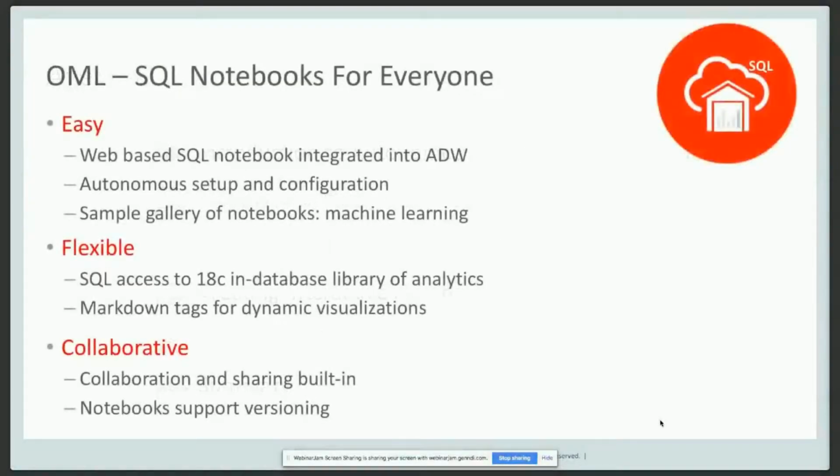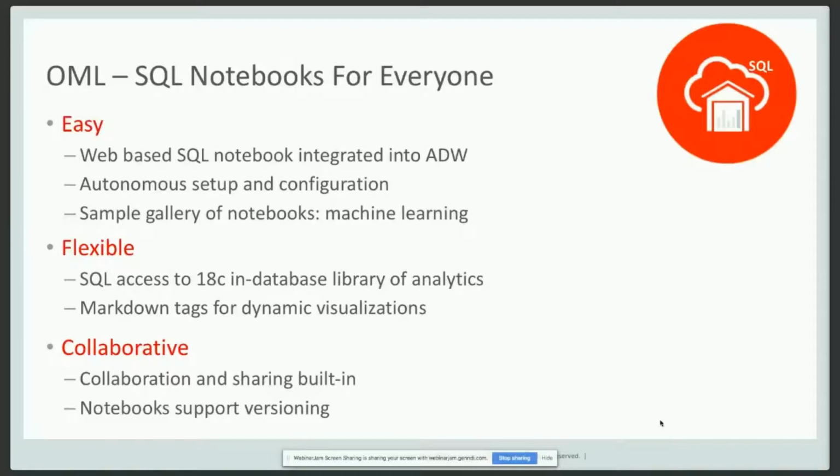So again, it has some fairly straightforward objectives. A, we want to make it easy for you. So you've created your Autonomous Data Warehouse. It should take you, I don't know, 40, 50 seconds to deploy it. Very easy to get data in, as you'll have seen in the previous session. We want to create the same easy to use process for writing SQL.